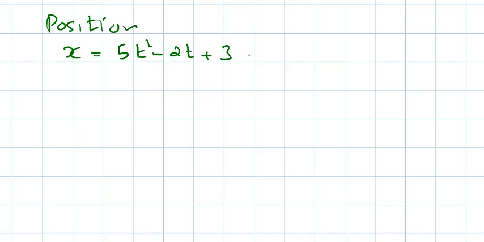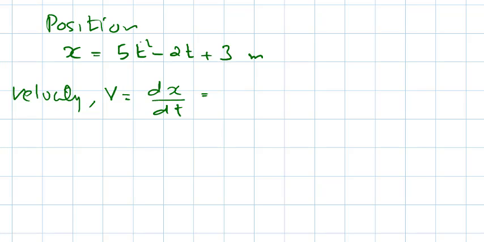Take one more example. This time I am giving you the position of a particle. Position is given as x equal to 5t square minus 2t plus 3 meter. What is velocity? Velocity is the first derivative, that is dx by dt.